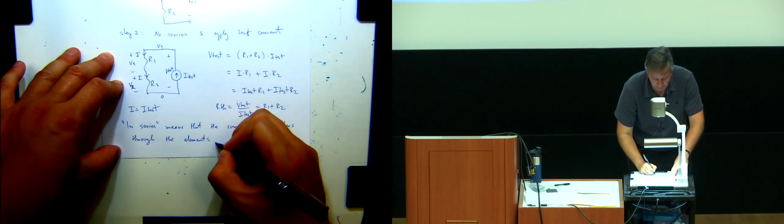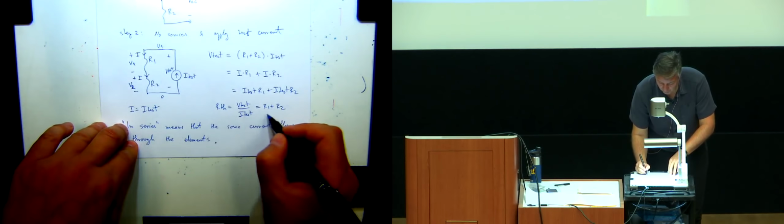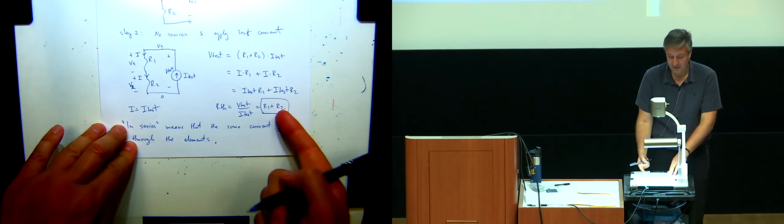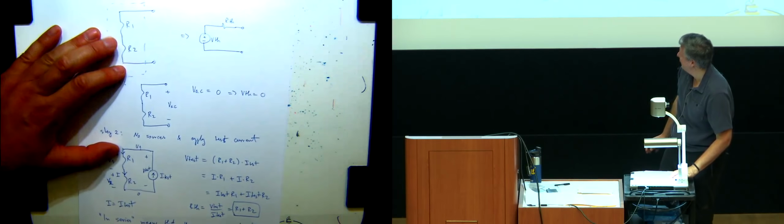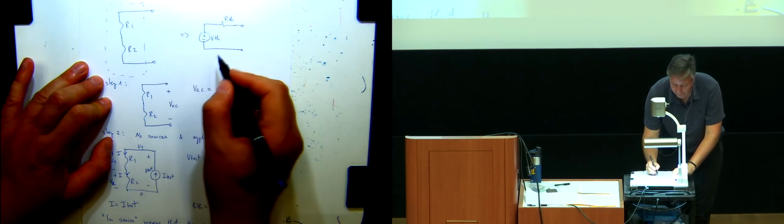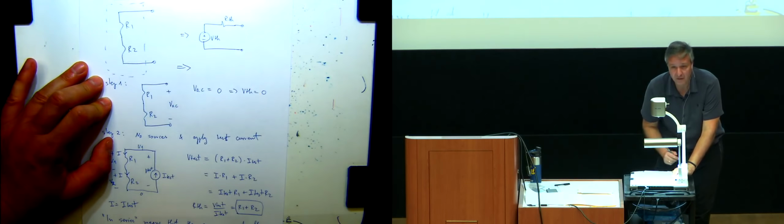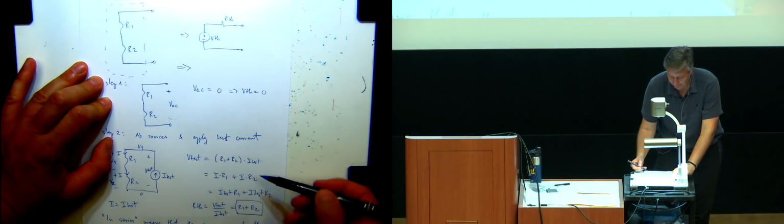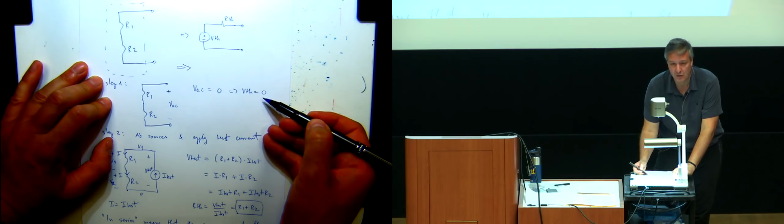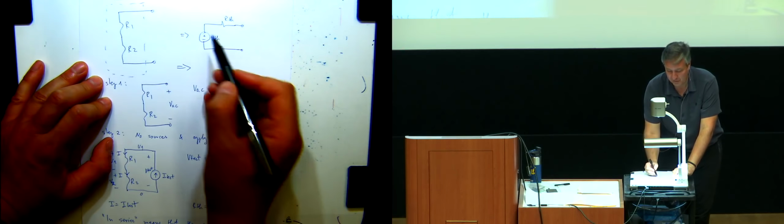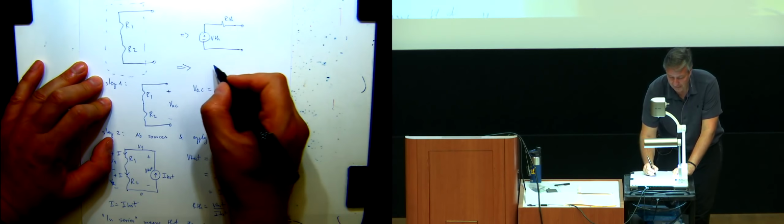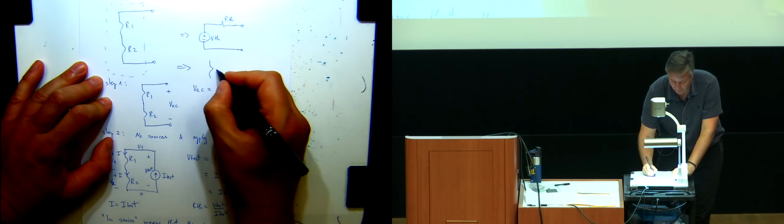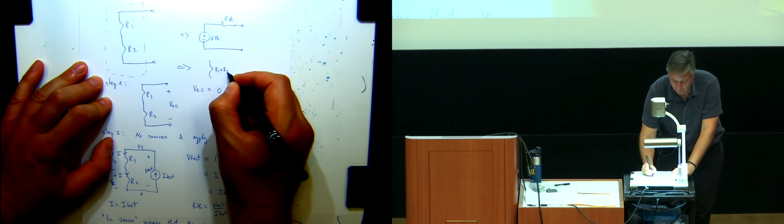Right. So what's the significance of this expression? Let's go back to our equivalent here and say what it is. This circuit is equivalent to something that has V Thevenin of 0, so I'm not even going to draw it, it's just a wire, and a single resistor of value R1 plus R2.